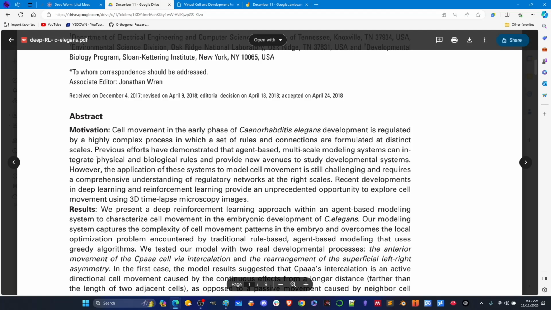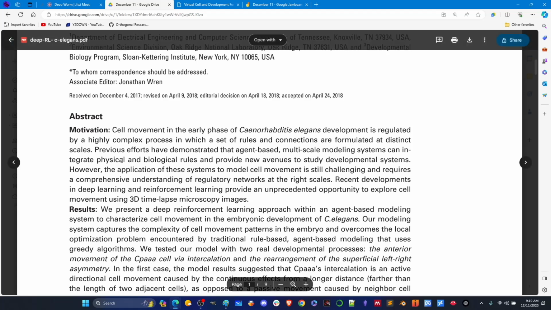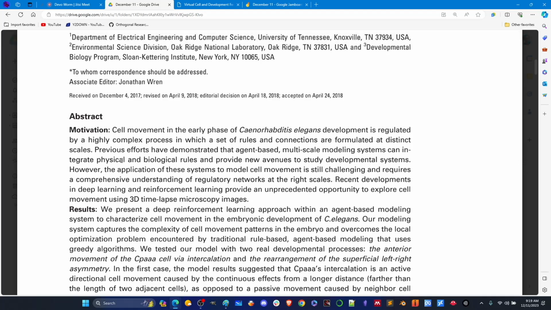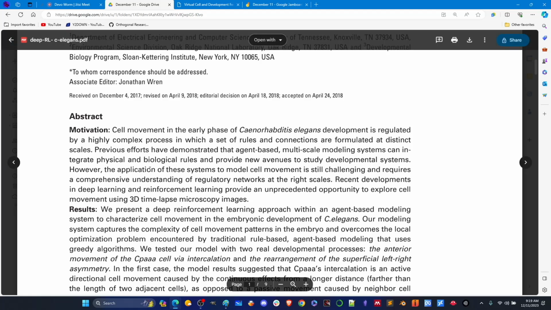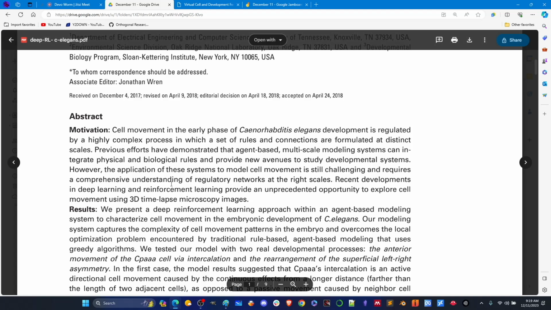And remember, we don't need to take every single factor into account. We just need to abstract that to some key factors that produce something that looks like C.elegans, and then work from there. So if you have physical rules that are very bare bones, it's okay as long as it produces a good result. However, the application of these systems to model cell movement is still challenging and requires a comprehensive understanding of regulatory networks at the right scales.